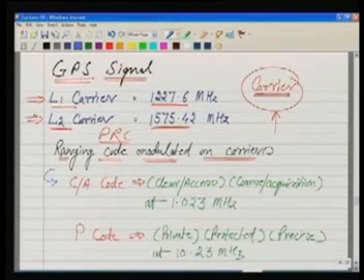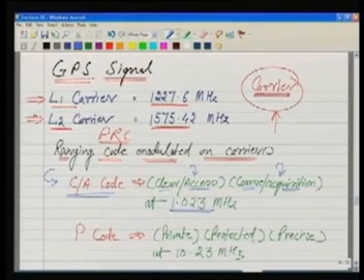One code we say C/A code. The C/A stands for clear access. That means it is free, anybody can access this code. Also, it is called coarse acquisition, meaning it is not precise, and this modulation is done at 1.023 megahertz frequency. It's not precise, it's coarse.